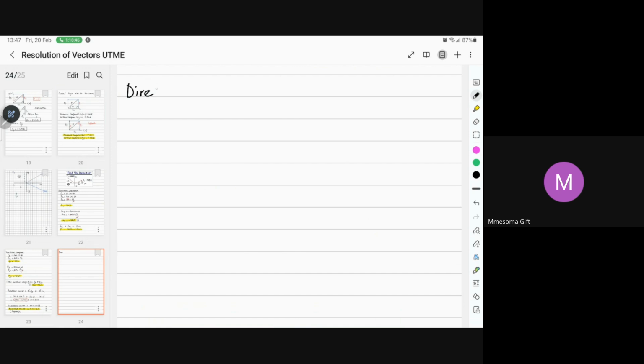It's as simple as anything. Direction is going to be the tan inverse of the y component divided by your x component. That will give you the direction of the resultant vector. Is that okay?